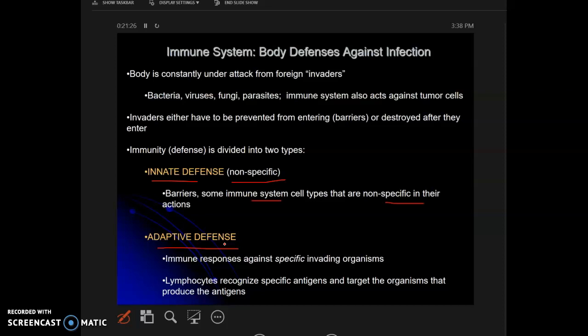All right. I'll give you a simple analogy. Innate defense would be like your dog. Okay, your pet dog. So a dog will bark at a squirrel. It'll bark at a person who knocks on the door, at a leaf, even when the wind blows. Okay, so it really doesn't matter. It is non-specific. Adaptive defense would be like these Navy SEALs.